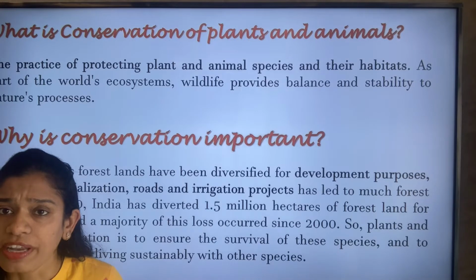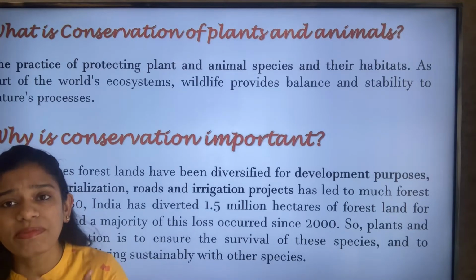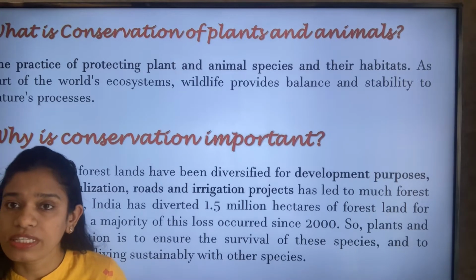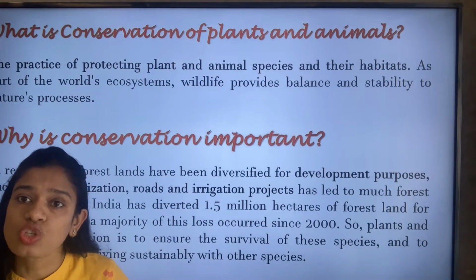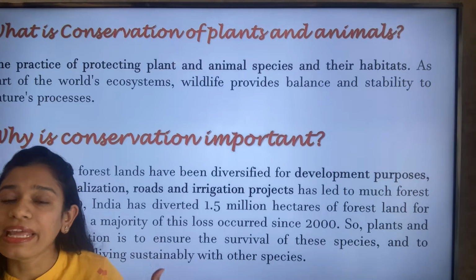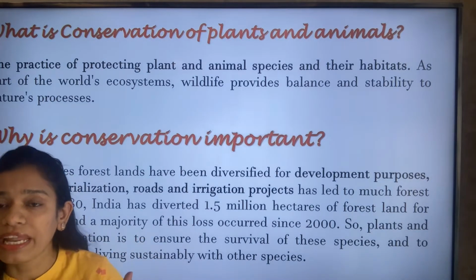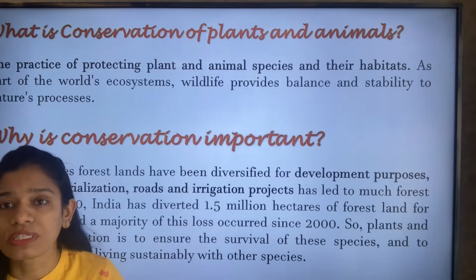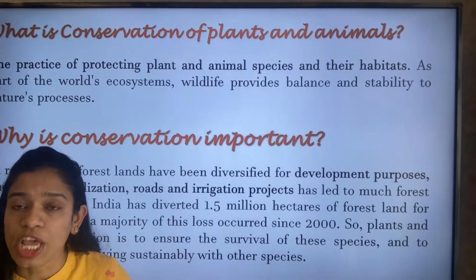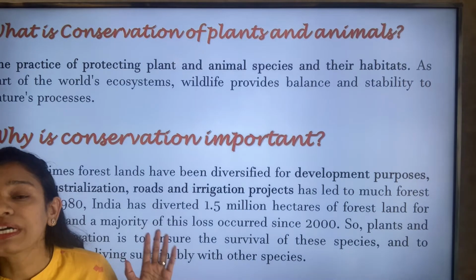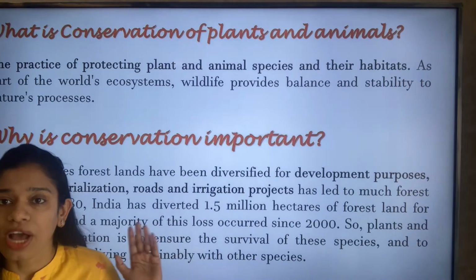Immense policies and laws have been made in order to protect the animals. In order to maintain the fauna of our ecosystem, because it is very necessary to maintain a balance, we have to conserve the flora and the fauna.